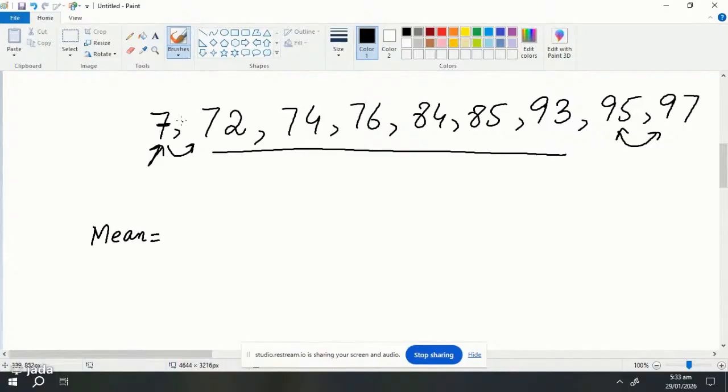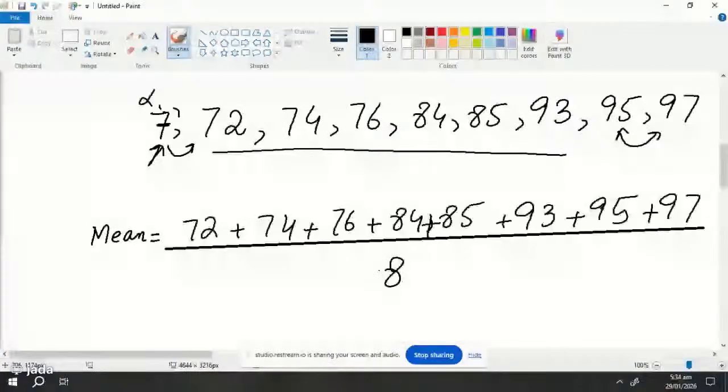It's 1, 2, 3, 4. 76, 84, 85, 93, 95, 97. So the answer is 676, and then we divide by the count. So we get our answer, 84 point something. The original mean is found by adding all the numbers, so first we add also the 7, and then divide by 9, because now the total is 9.